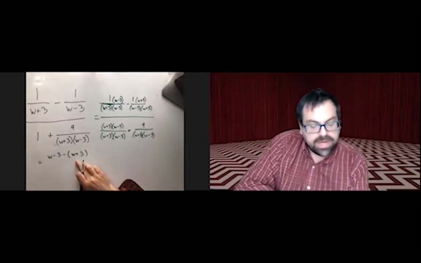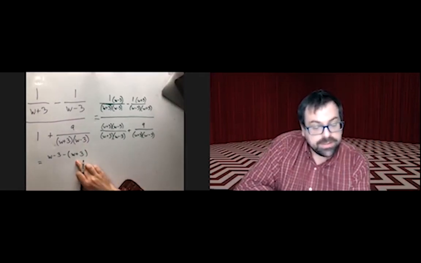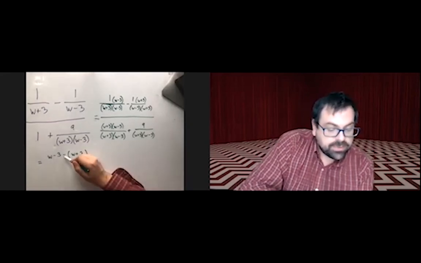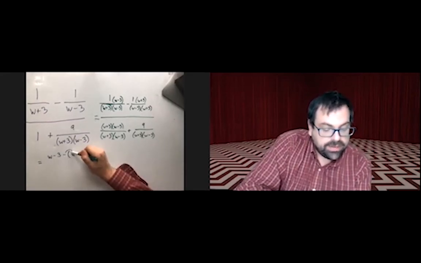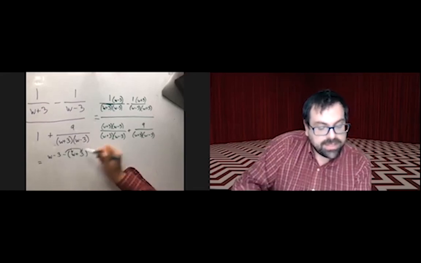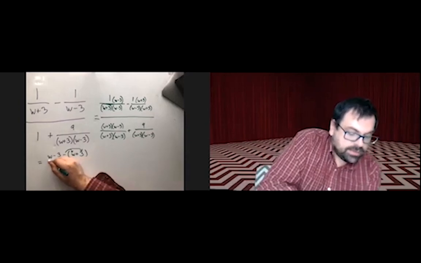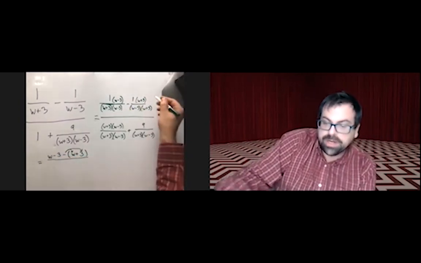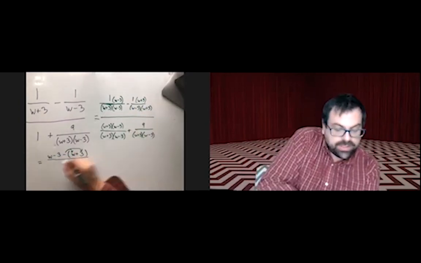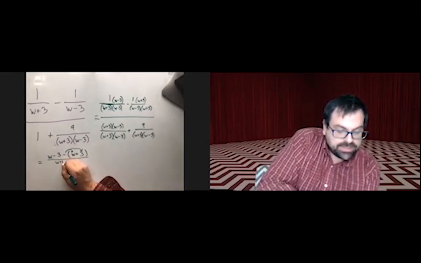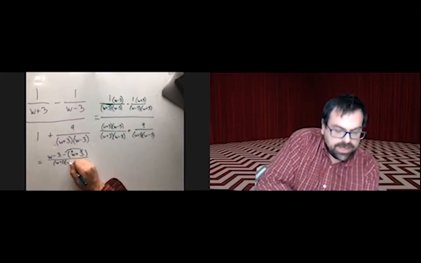Why is it important that I left that in parentheses? Well, it's because since we're subtracting that whole thing, we need to make sure that we distribute that minus sign. But we'll get there. This was the numerator. The denominator was w plus 3 times w minus 3.